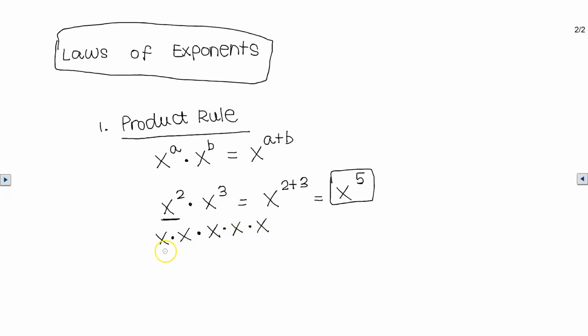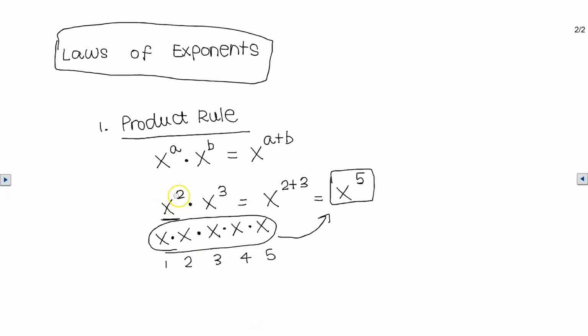Now, when I look at what I have written here, what I see is repeated multiplication. I'm repeating x in this multiplication problem a total of how many times? Well, you can see it. It's 1, 2, 3, 4, 5 times. So that's how this becomes x to the 5th power. So that just kind of shows you why that works.